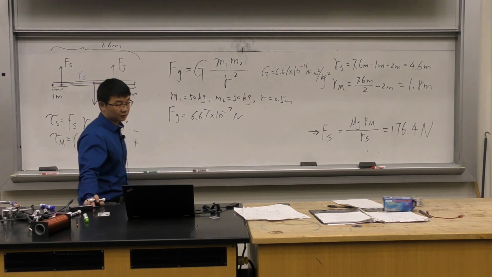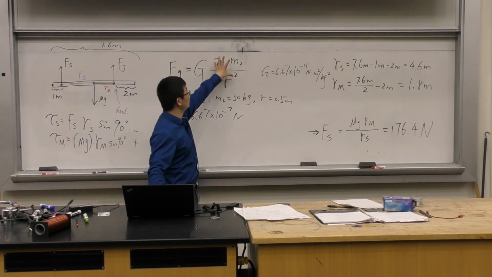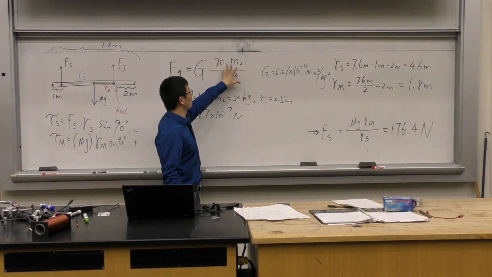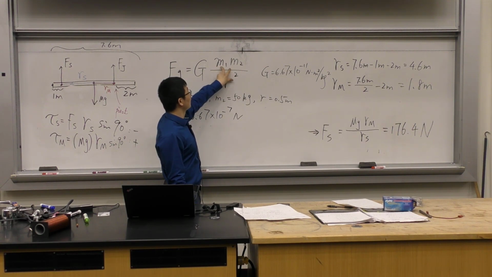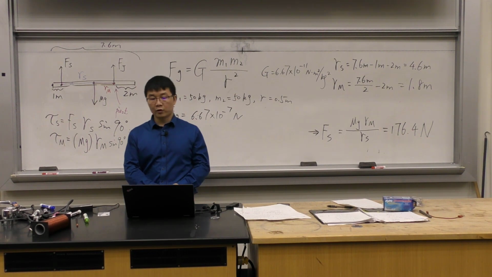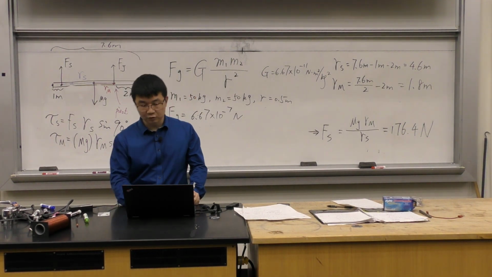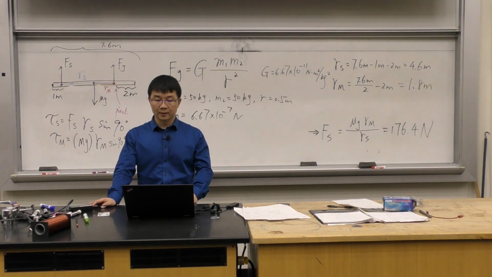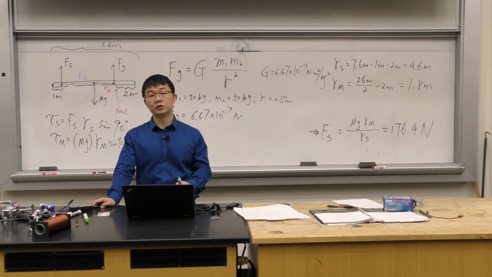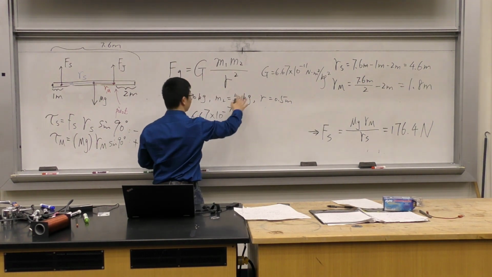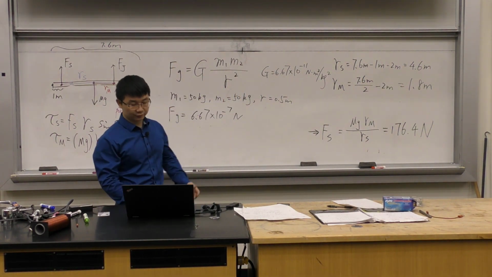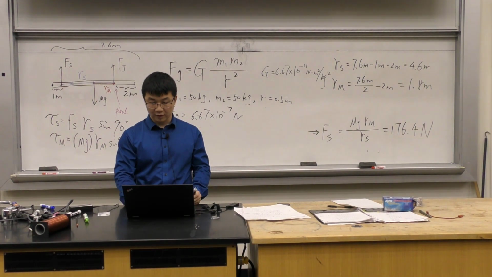In order to make the force significant, you need to make sure the product of the masses is big enough. So either one of them is big or both of them are big. That's why we can feel the gravitational force from the Earth on us, because the mass of the Earth is really, really big. That makes this number significant. So that's why we always feel the force from the Earth on us.